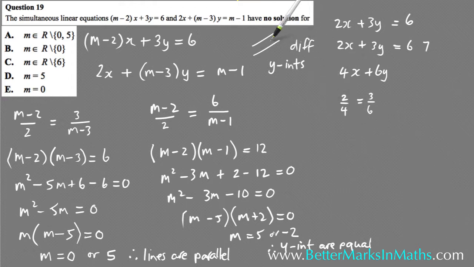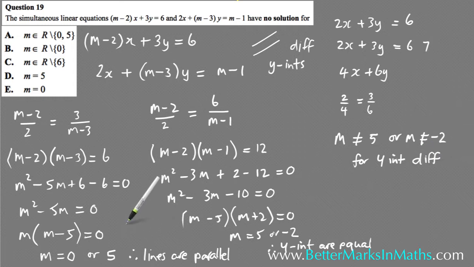So what we want is parallel but different y-intercepts. If the y-intercepts are equal when m equals 5 or minus 2, you want m not equal to those two values for the y-intercepts to be different, which is what we want.